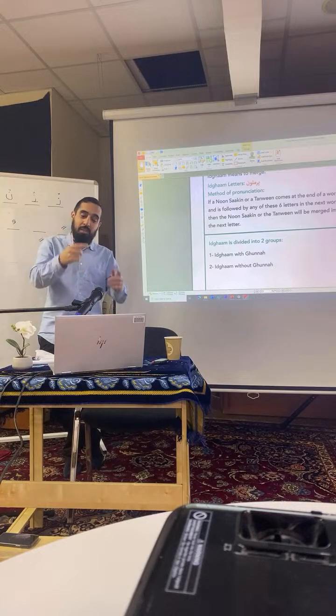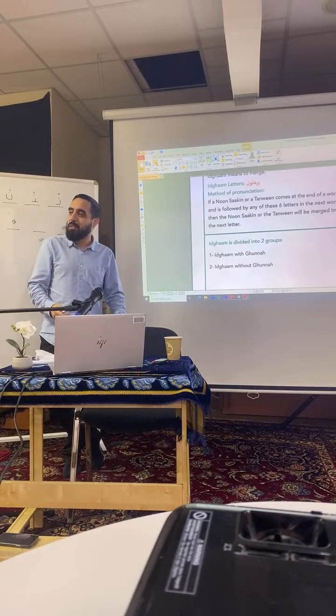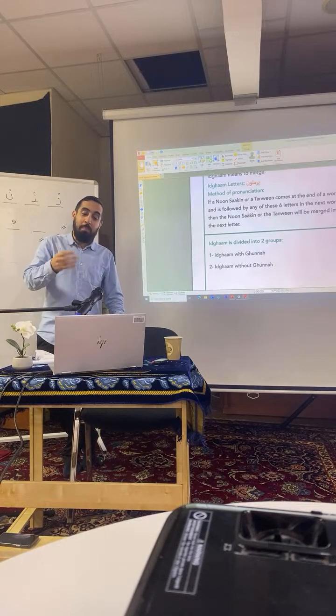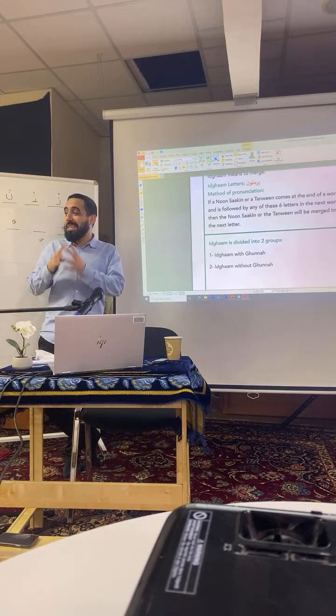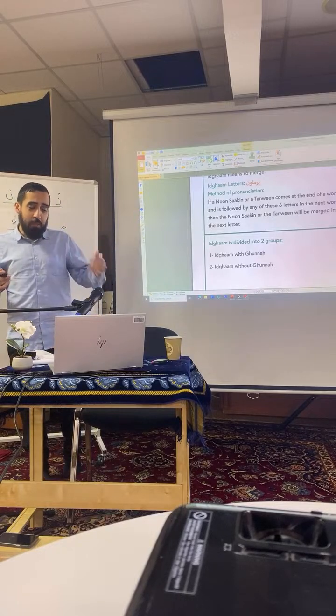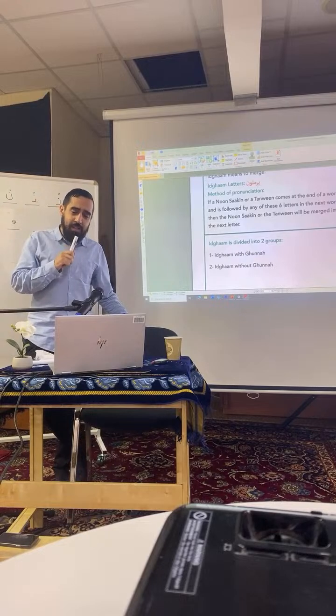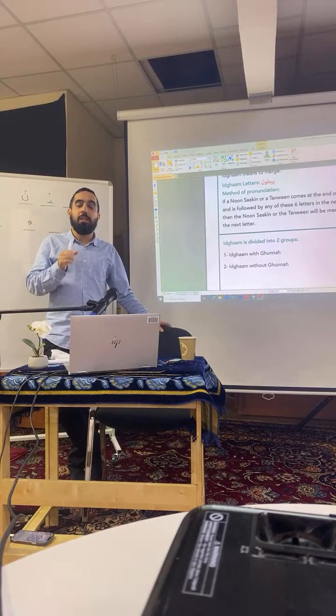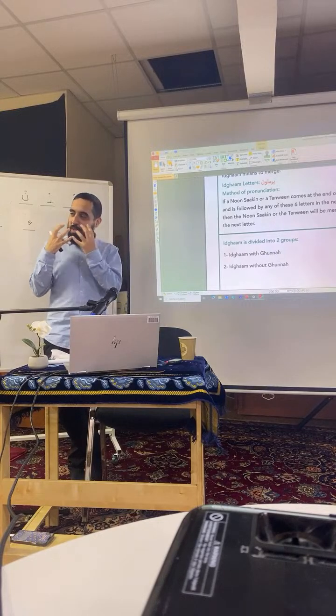And I think it's important because ghunna gets repeated quite a number of times in tajweed. So it's important to know what we mean by ghunna. Ghunna is basically that sound within that nasal cavity. It could be a number of letters. It could even be the letter ya, for example. I know most of it is through the mouth.